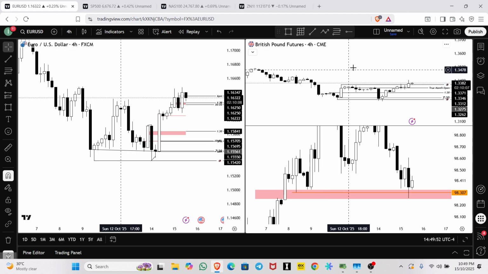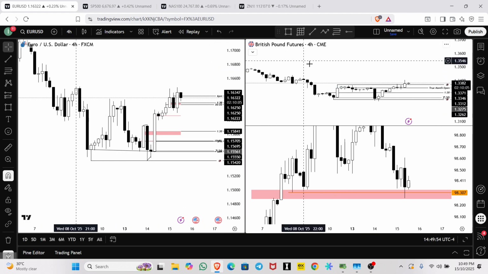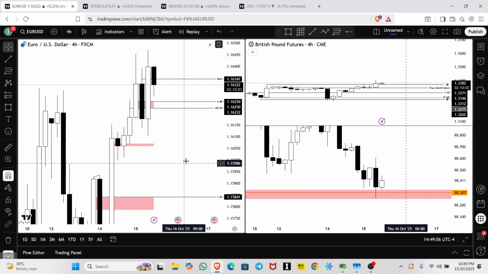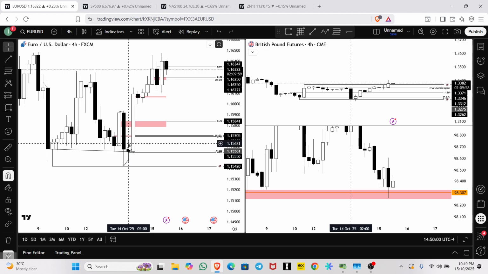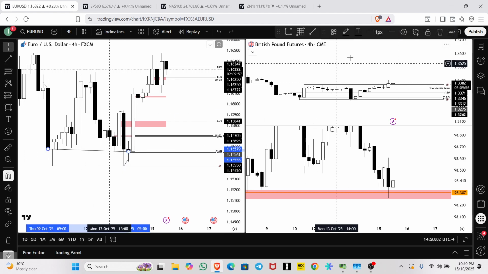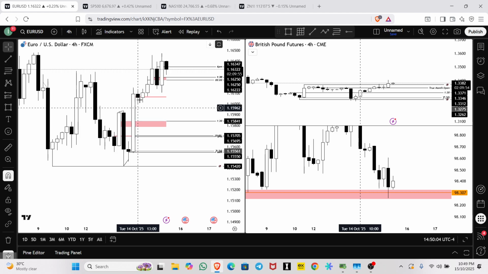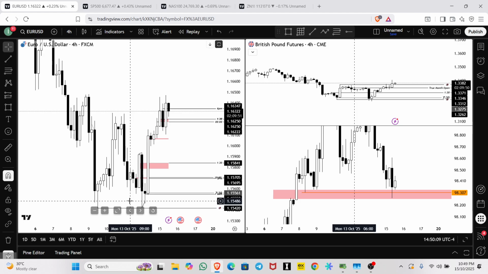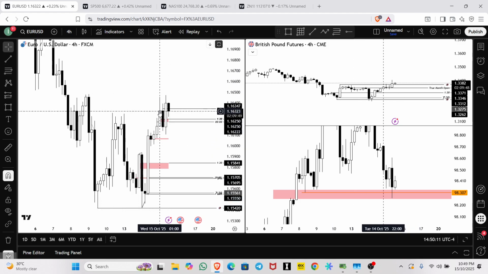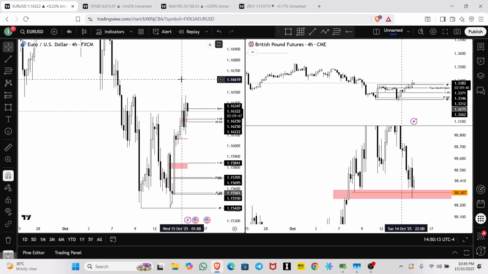So we're here, we knew, right? This is the CME futures. Firstly, this move from the bottom, it was called out in the group before this even happened, right? And currently we are bullish on the euro dollar and the pound.